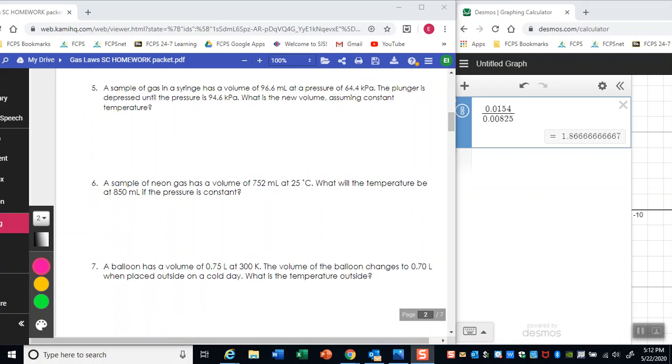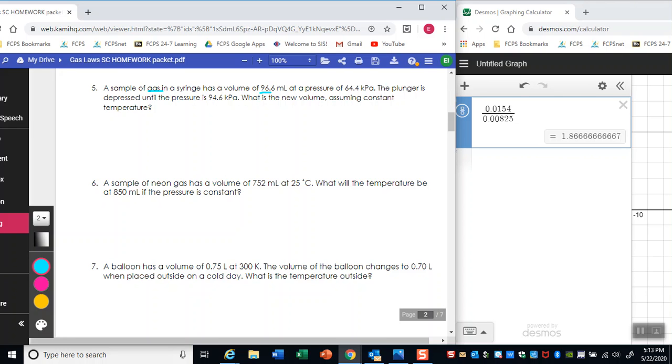Okay, so here we go. Let's get a new color. What haven't we done? I'm going to go with the blue. So we have a gas. So gas laws. In a syringe. We remember what a syringe is. We're maybe taking some medicine or something.